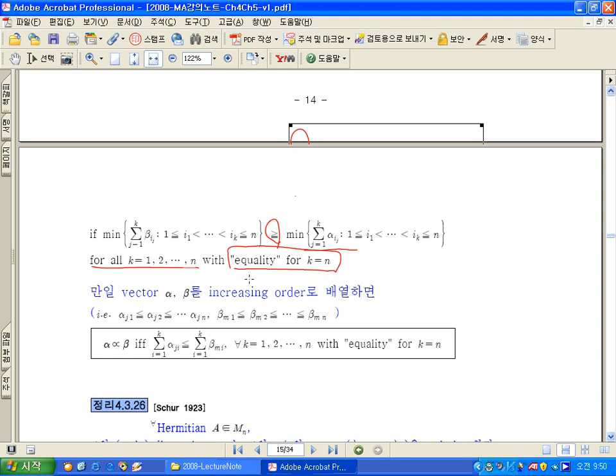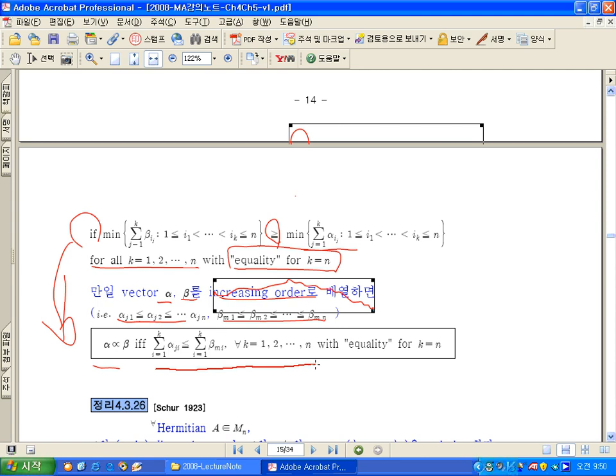What this means is, if we give an order in the entries of vectors alpha and beta with increasing order, then what this condition says is this.